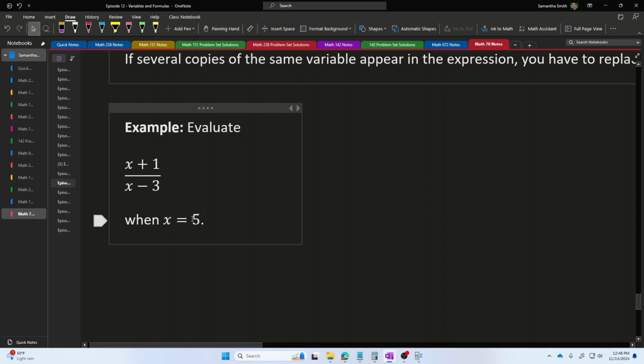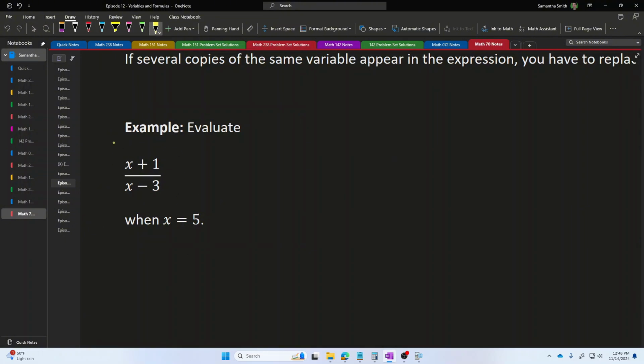Now I know that x is equal to 5, so let's finish these calculations. I'm going to go into this expression, and everywhere there was an x, I'm going to replace that x by what I now know, x is equal to 5. So in the numerator, I have 5 plus 1. In the denominator, I have 5 minus 3.